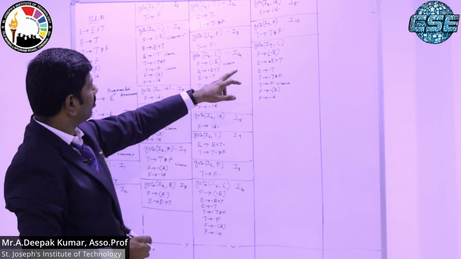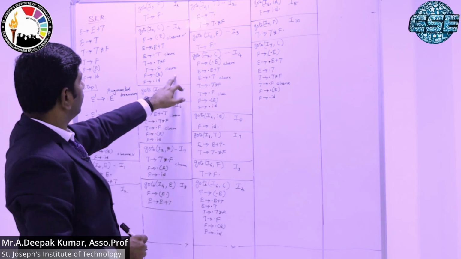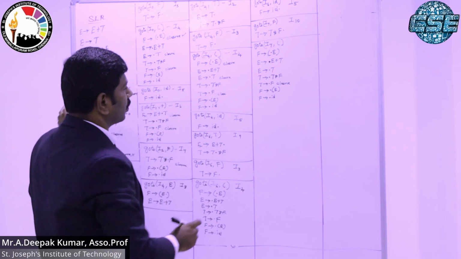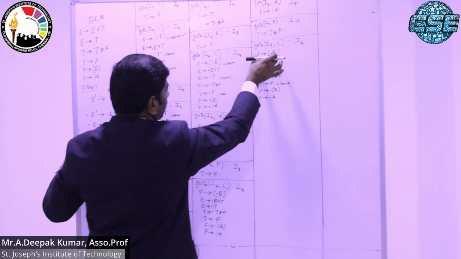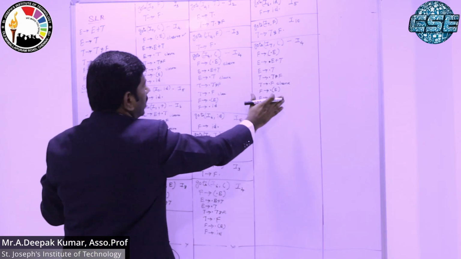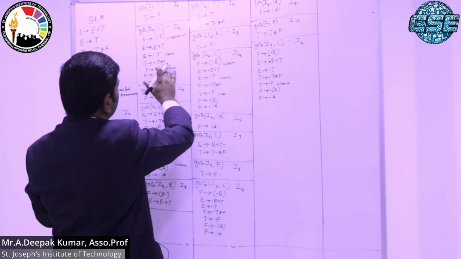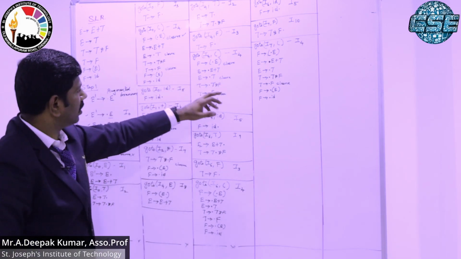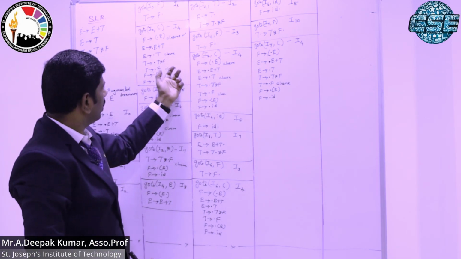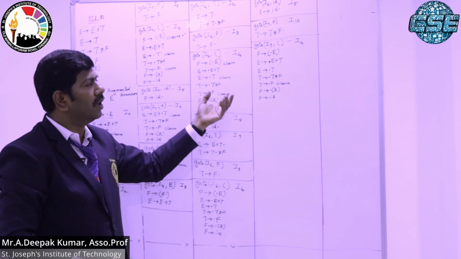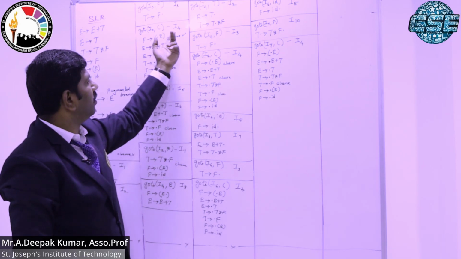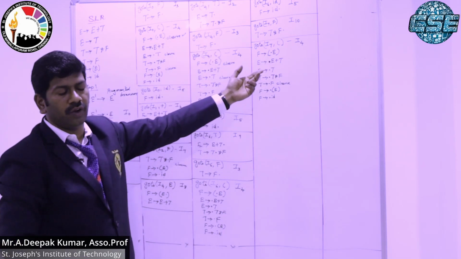So I7 comma open braces, please check for this, it will be I4. The I4 and I7 comma open braces have the same LR0 items. Hence, instead of giving it a new state name, we are reusing I4. So I have written I4 there also.